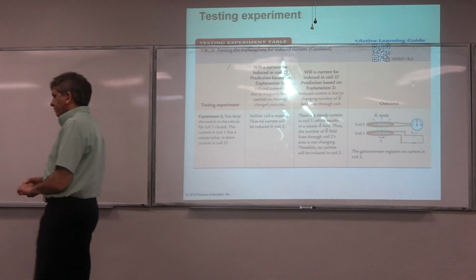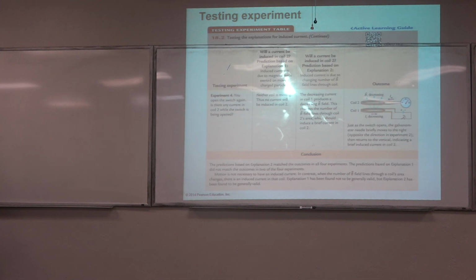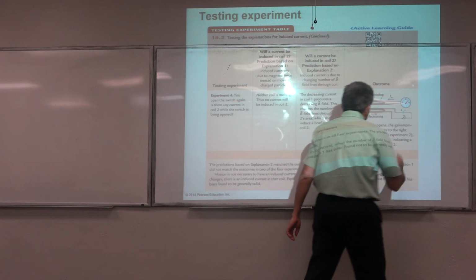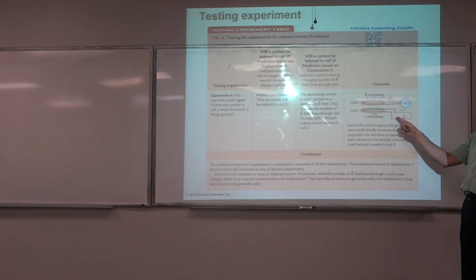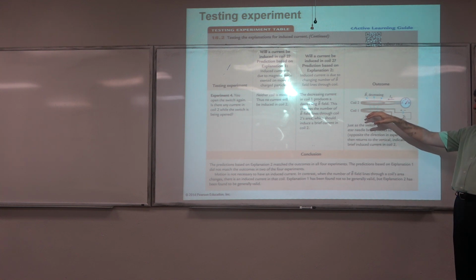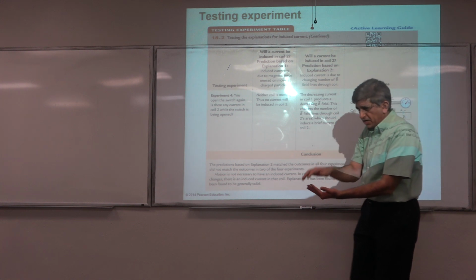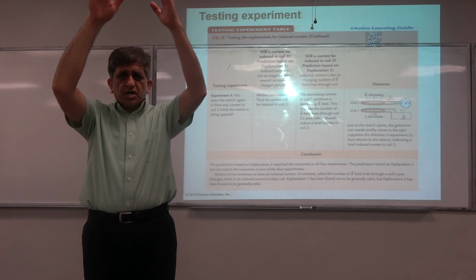Okay? So that tells me that there is some phenomenon going on which is related to the change in the magnetic field. Now let's turn off the switch. When I turn off the switch, the current in the first coil will start decreasing, which means the magnetic field induced by this current in the first coil will start decreasing.